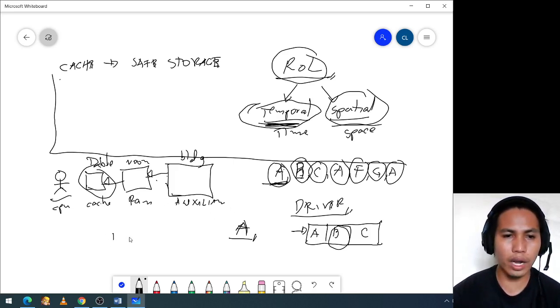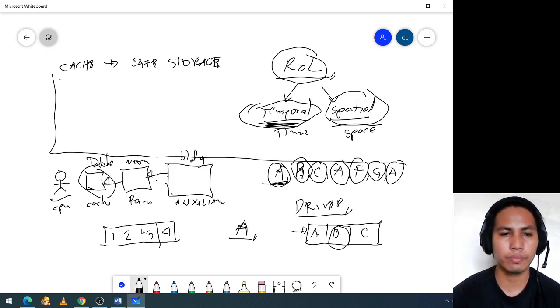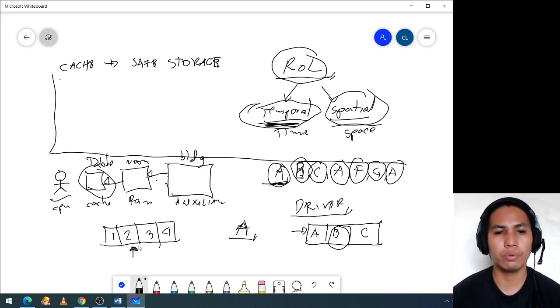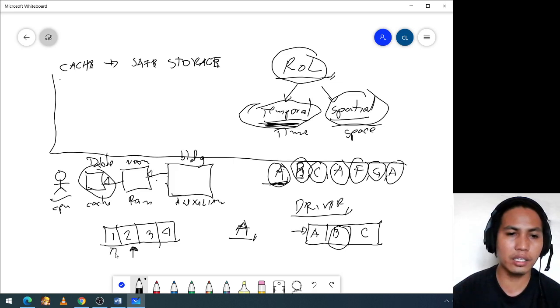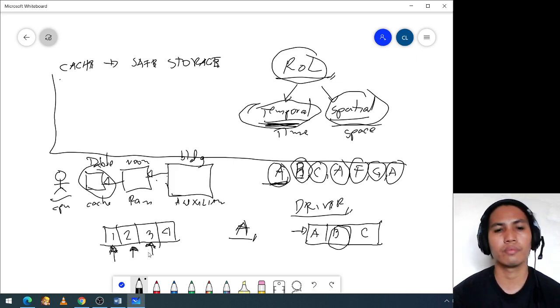Just to give you an analogy, imagine we have 1, 2, 3, 4 students. Ito mga students na to, nasa iisang row. Imagine pag pinag-recite ni teacher si student number 2, there's a possibility na magre-recite din si student 1 and student 3.